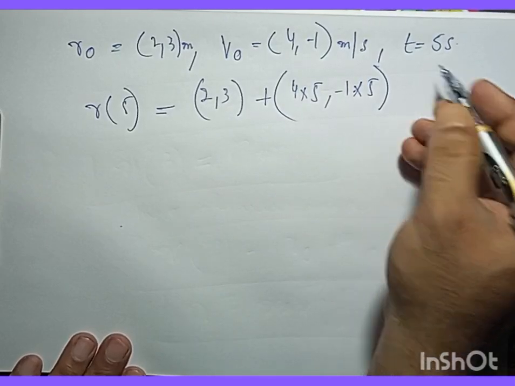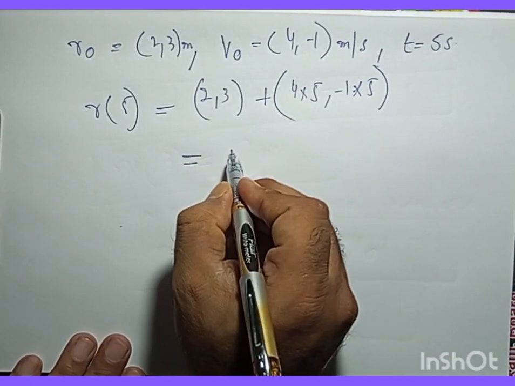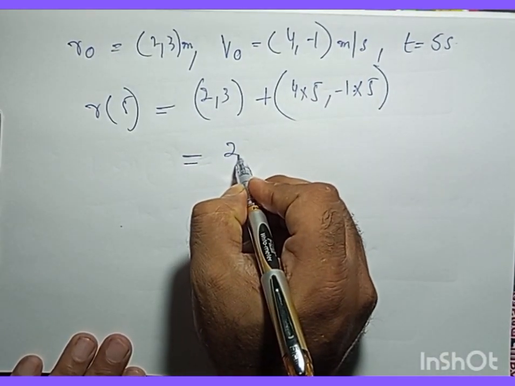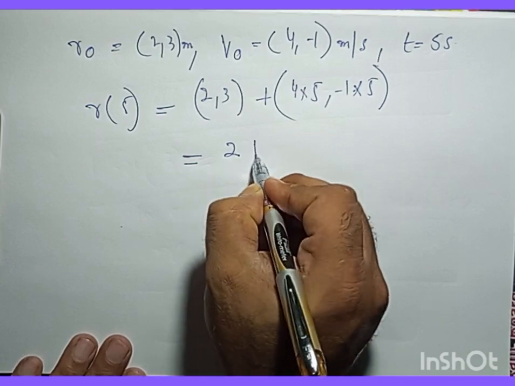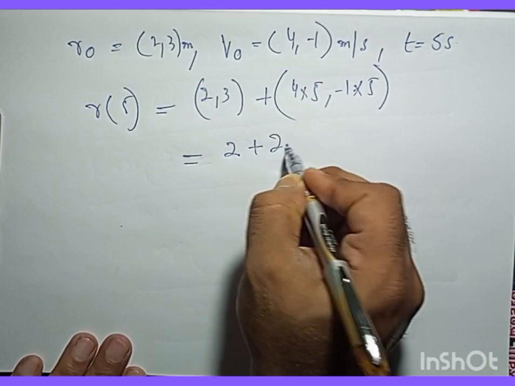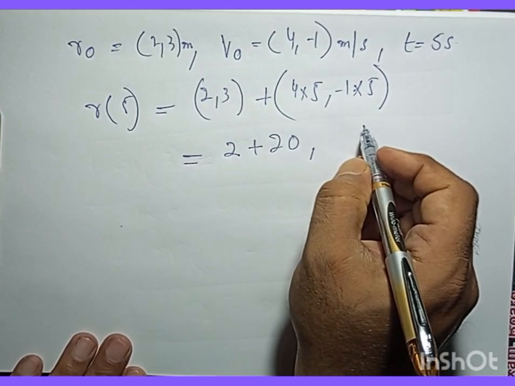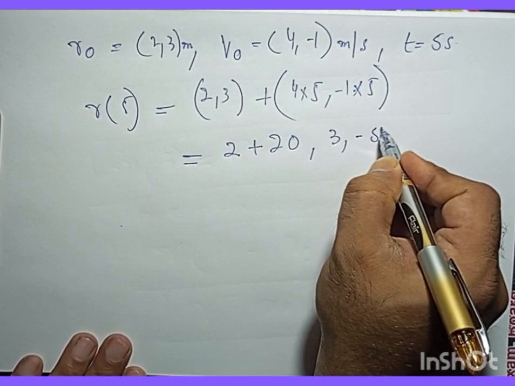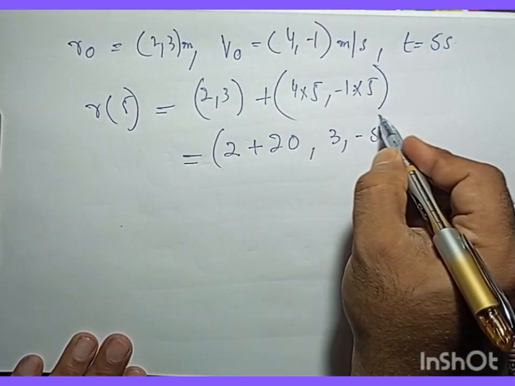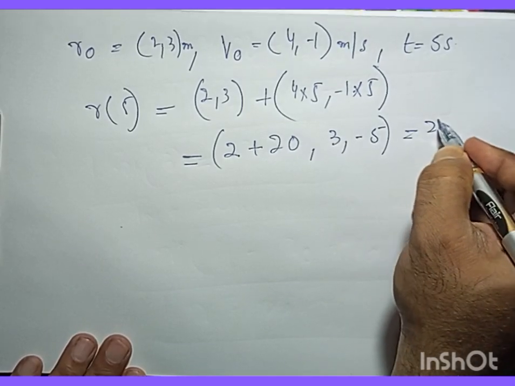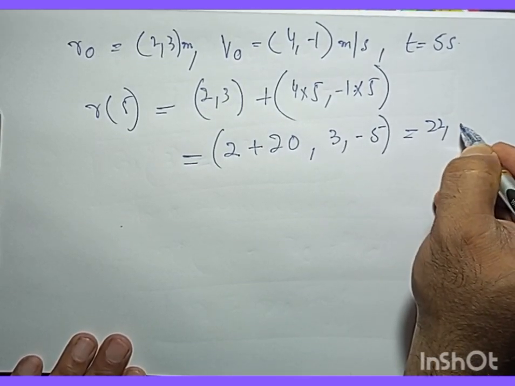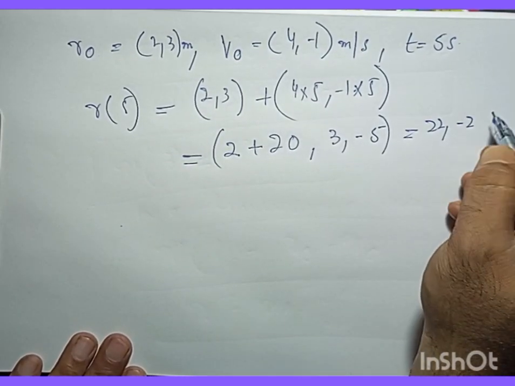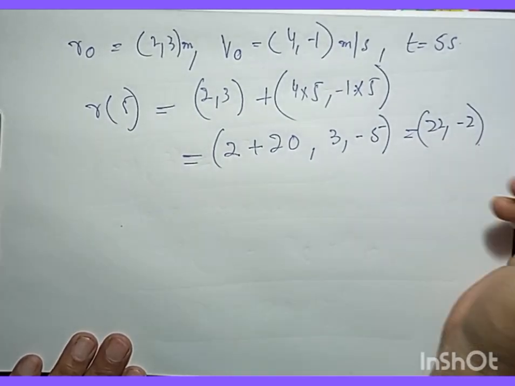So this will give us 2 plus 20, comma, 3 minus 5. I'm doing the same thing in two dimensions. Finally we will have 22 meters along x, and minus 2 meters along the y direction.